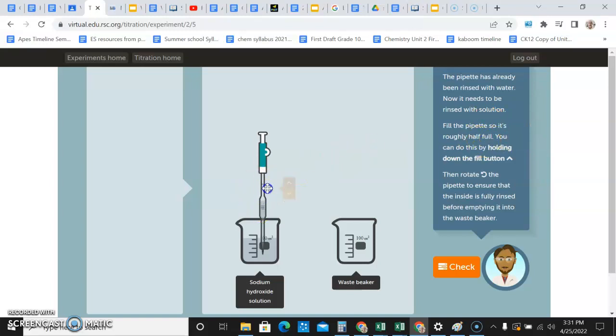You fill it till it's about half full, and then you want to rotate. Oh, for God's sake! Come on. Why is it not letting me rotate? Let's just empty it into the waste. See, does it allow us to?